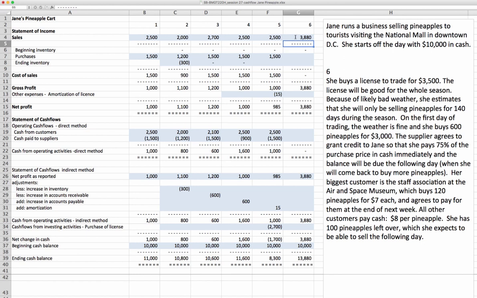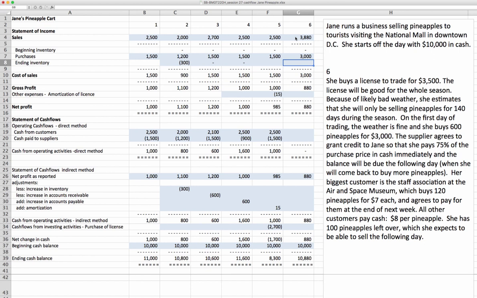The beginning inventory we know was 0. The purchases we know were, on the first day she buys 600 pineapples for $3,000. And the ending inventory is 100 pineapples. Well, the $3,000 for 600 pineapples means they cost $5 each. That's 3,000 divided by 600.